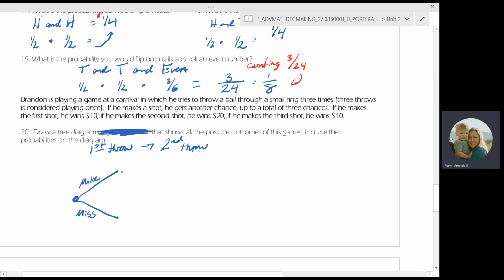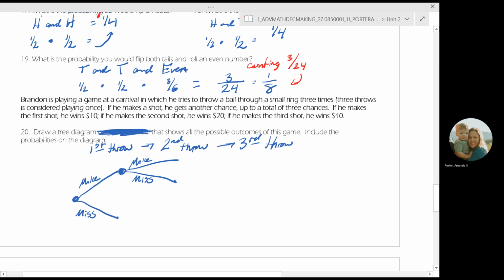So my make branch would get a second throw, but the miss branch does not. So make and miss. The same thing with the third throw. Your third throw, if you make the second one, you get a third one. But if you miss the second one, you don't get a third one. So the minute you miss, you're done.